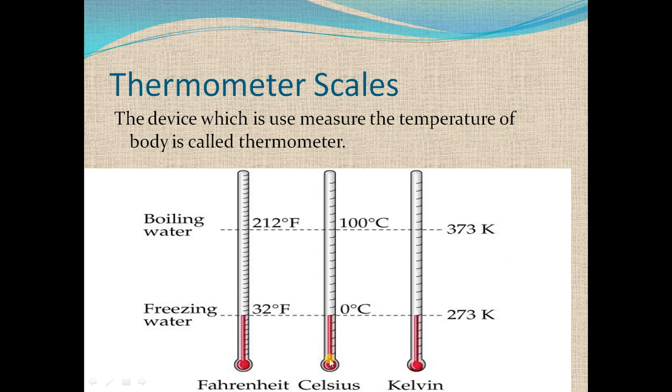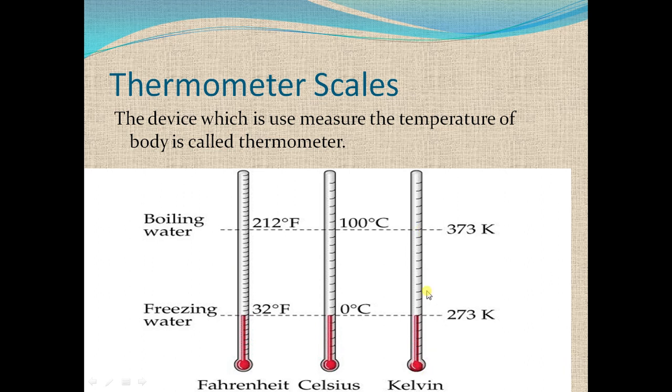In the Celsius scale, the freezing point of water is 0 and the boiling point of water is 100, and these are divided into 100 degrees. In the Fahrenheit scale, the freezing point is 32 and the boiling point is 212 Fahrenheit, and it is divided into 180 degrees divisions.